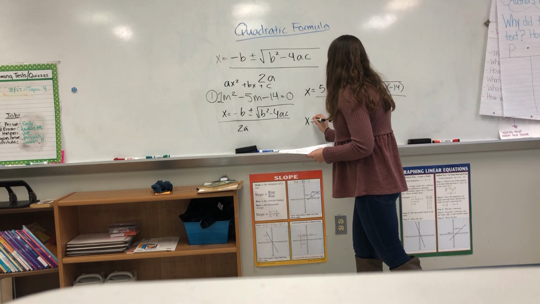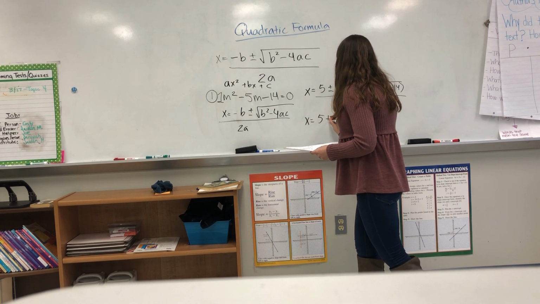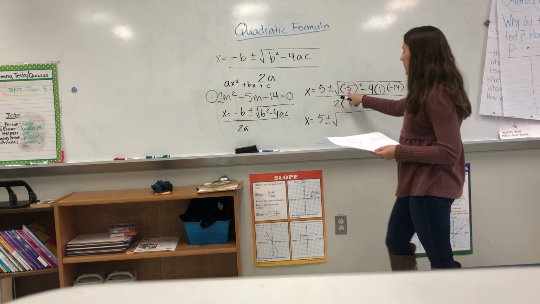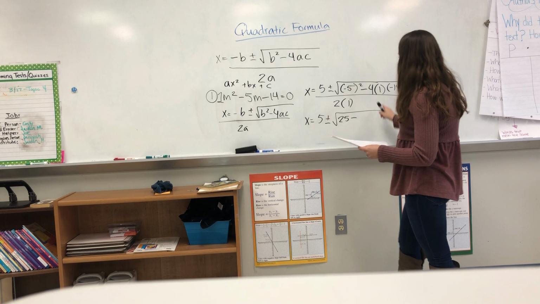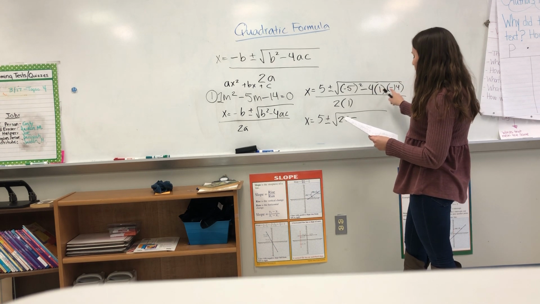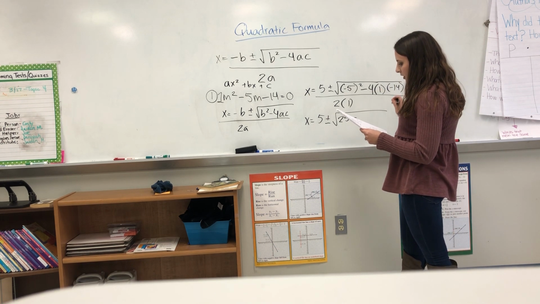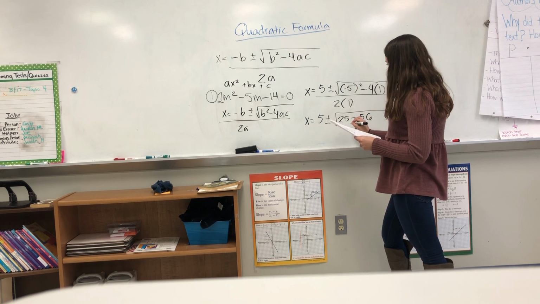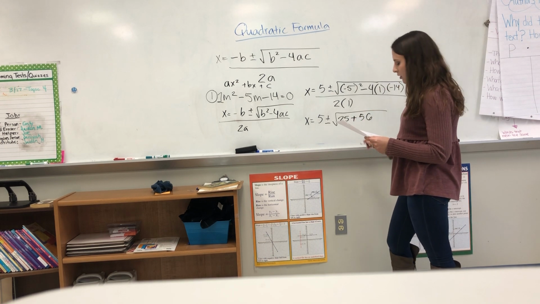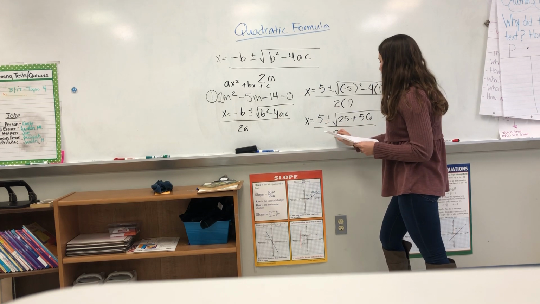Next step is we start simplifying. x equals 5 plus or minus, negative 5 squared is 25, minus 4 times 1 times negative 14, which is positive 56, over 2.